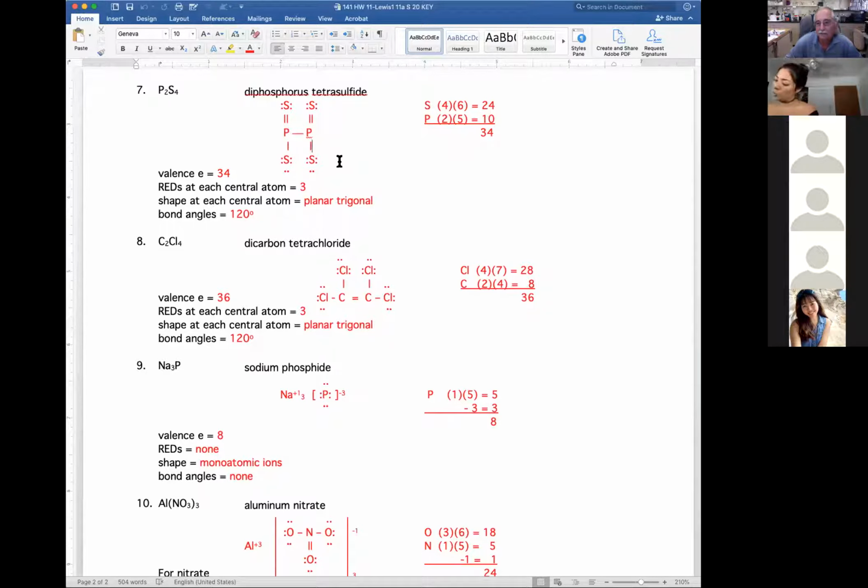Is it symmetrical? No. Yes? No. That's what I was trying to ask, I think. Like, does a double bond make it non-symmetrical? I guess I was asking if it makes it non-polar. Okay, well, I just like to say this. Unless you're in politics, you cannot say yes and no at the same time.